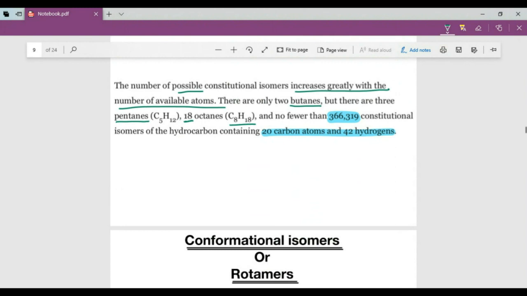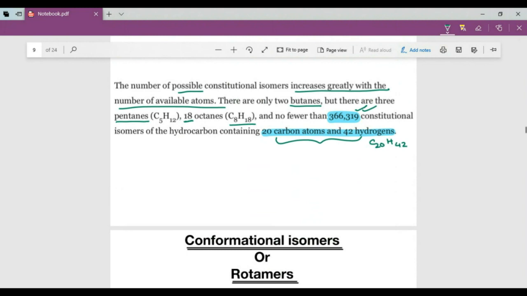In the same series, you'll be surprised to see that if you have 20 carbons and 42 hydrogens, that is C20H42, the number of constitutional isomers will be somewhere in the range of 3,66,319. Can you imagine that number of isomers?